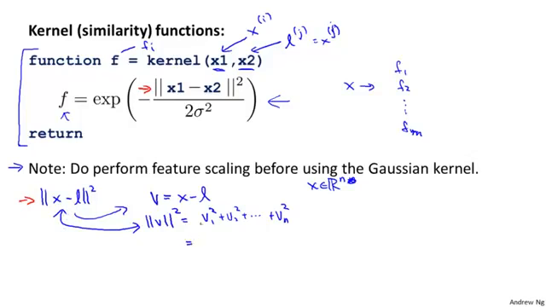And so written differently, this is going to be x1 minus L1 squared plus x2 minus L2 squared plus dot dot dot plus xn minus Ln squared.